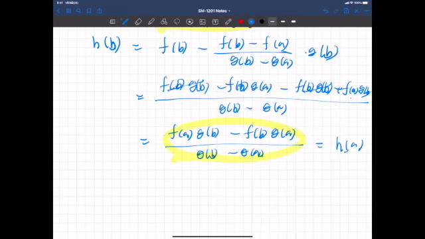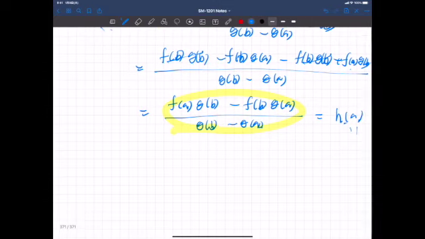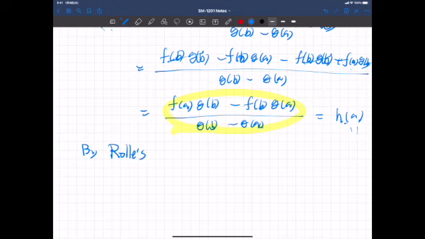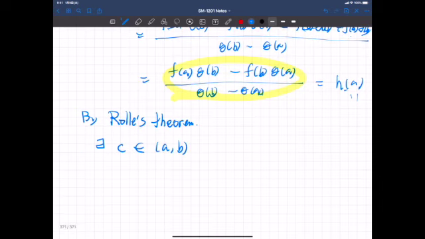Okay, so the values at a and b are the same for this function h. So we can apply Rolle's theorem. There exists a value c in the interval a, b such that h prime of c is equal to 0.